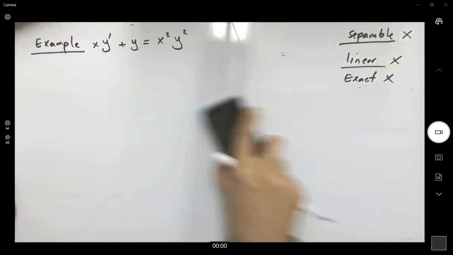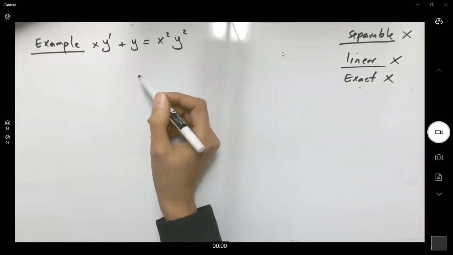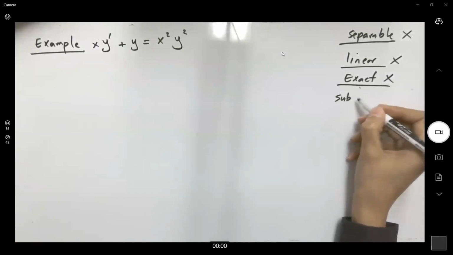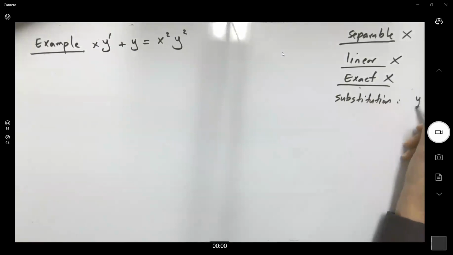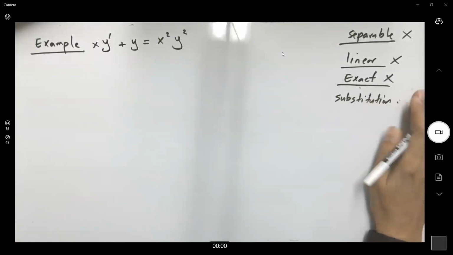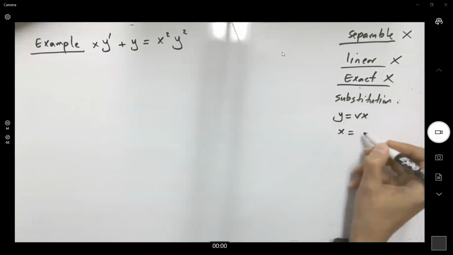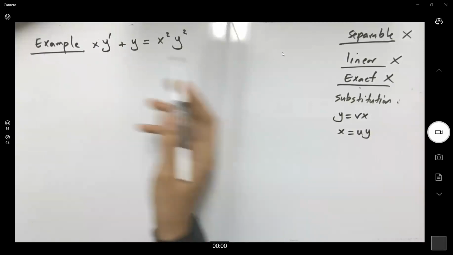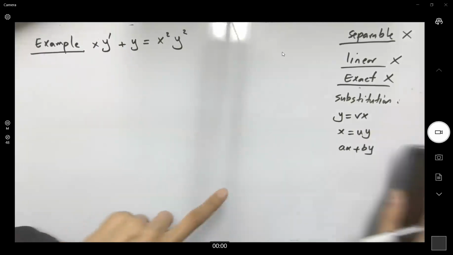What else? Can I apply substitution? Maybe. We learned about substitution in different formats. Sometimes y equals vx works for us. Sometimes x equals uy works for us. Sometimes we see a linear pattern somewhere like ax plus by, that works for us.